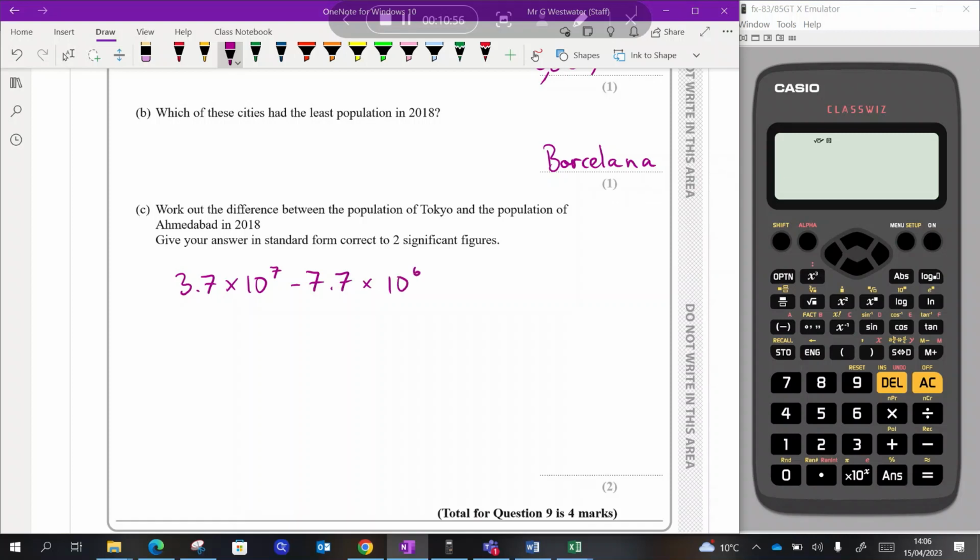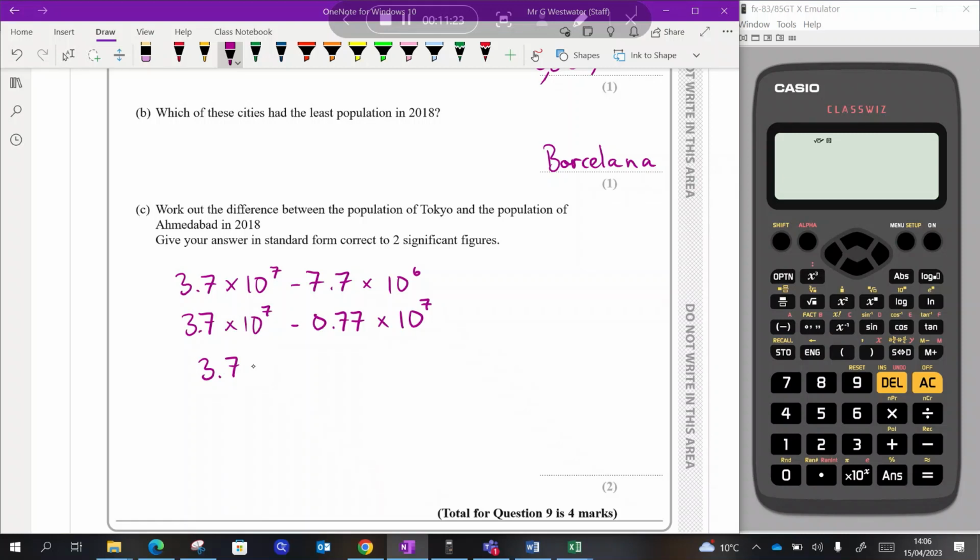Okay. And to solve this, I'm going to make these both have the same power. So I'm going to change this so that it is minus 0.77 times 10 to the power of 7. So this number has been made 10 times smaller, so that I've been making this power 10 times larger. So we've got this as our calculation, and essentially we can factor out the 10 to the 7.